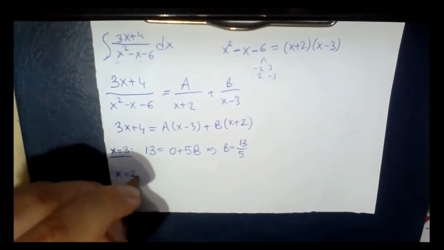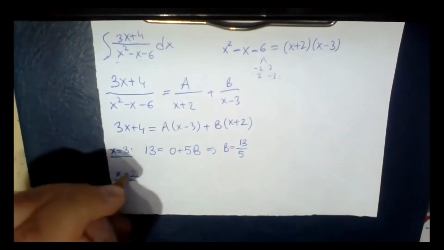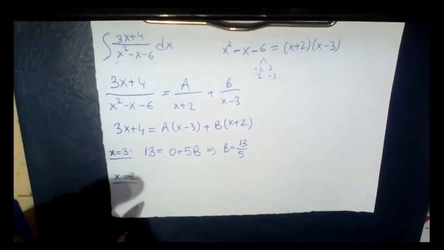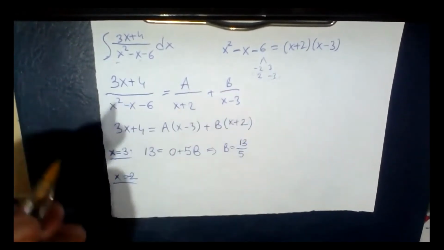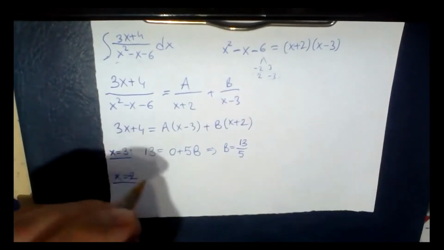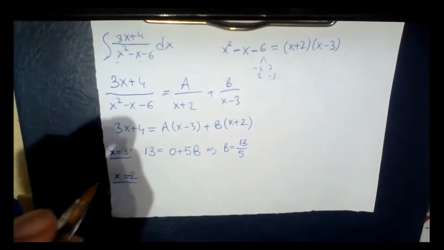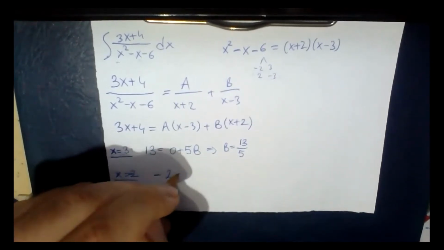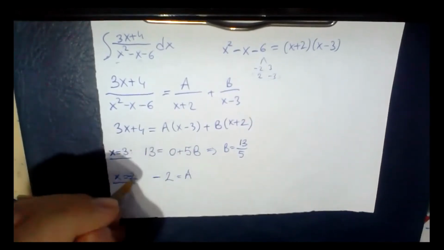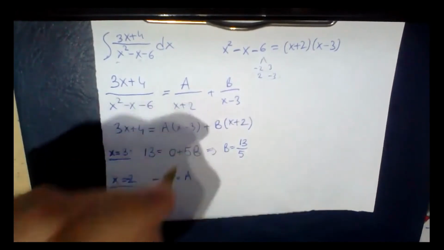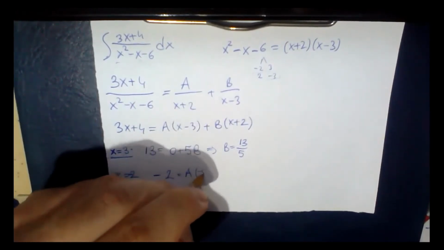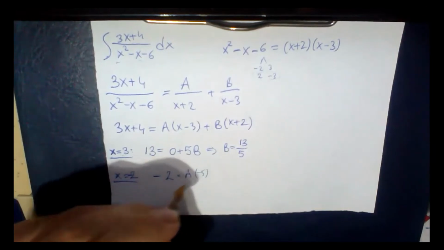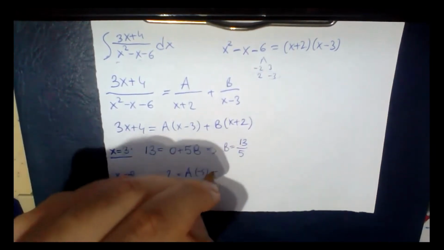Also, if x is equal to minus 2, this time this term will vanish. When x is equal to minus 2, 3 times minus 2 plus 4 is equal to minus 2, which is equal to a times (minus 2 minus 3), which is minus 5. So 8 times minus 5 is equal to minus 2.